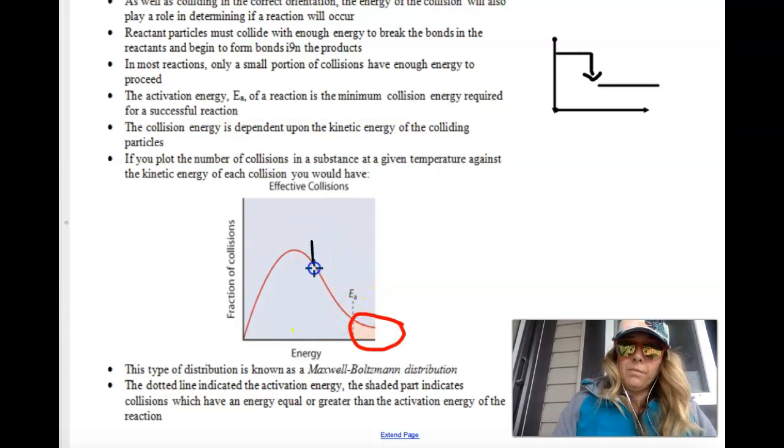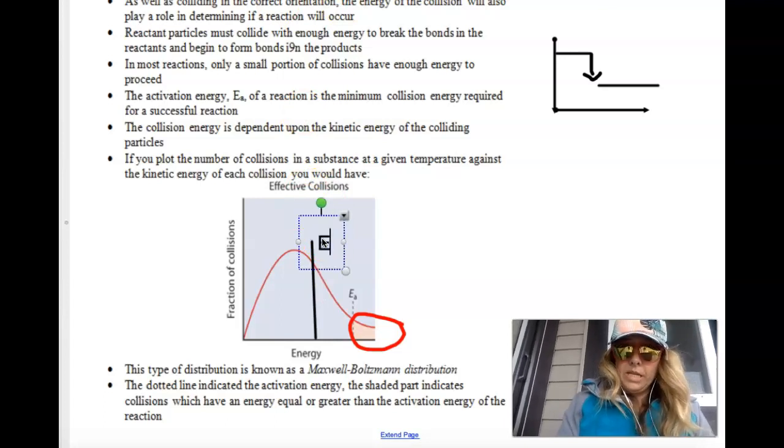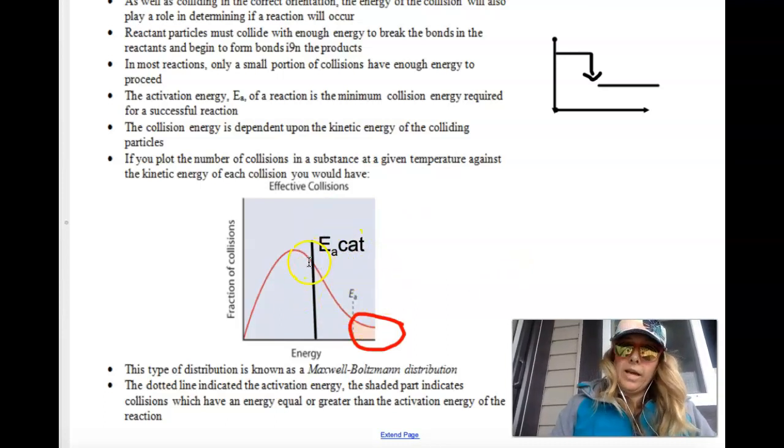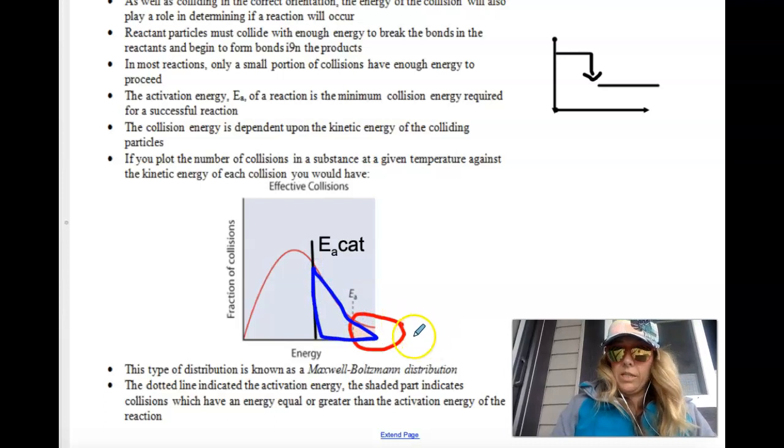Maybe the catalyzed one is going to come in over here. So this would be the EA of the catalyzed reaction. And now, because we've lowered that activation energy barrier, it's not just this that's going to be successful. It's now going to be all of this that's going to be successful.